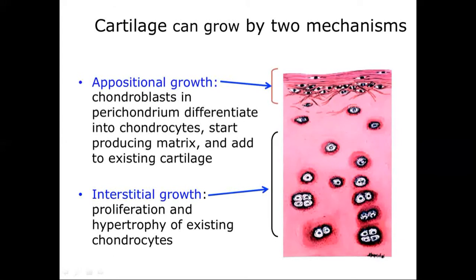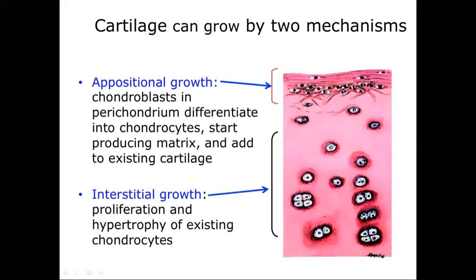Whereas interstitial growth is proliferation and hypertrophy of existing chondrocytes. Chondroblasts are active, as I said before, and when trapped inside the matrix, you call them chondrocytes. But the chondrocytes placed on the inner aspect of the cartilage can also produce matrix. So the growth produced by the chondrocytes from the inner aspect of the cartilage is called interstitial growth.